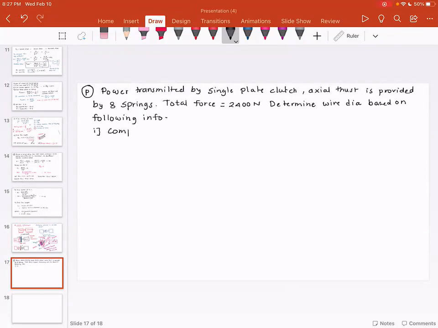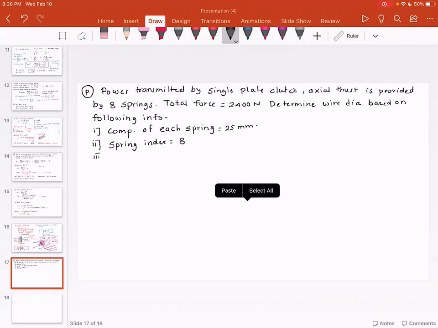Compression of each spring is equal to 25 millimeter, spring index is 8, tau design is 400 Newton per millimeter square, and G, which is the shear modulus, is 84,000 Newton per millimeter square.